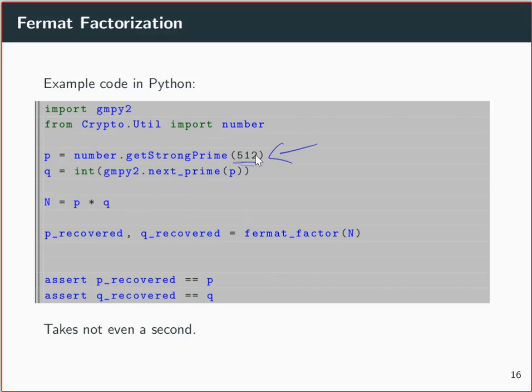We could just count upwards from P and just take the next number that's a prime. For example, this function here, next prime, does exactly that. It takes P and just counts it upwards until it finds a new prime number, in this case Q.